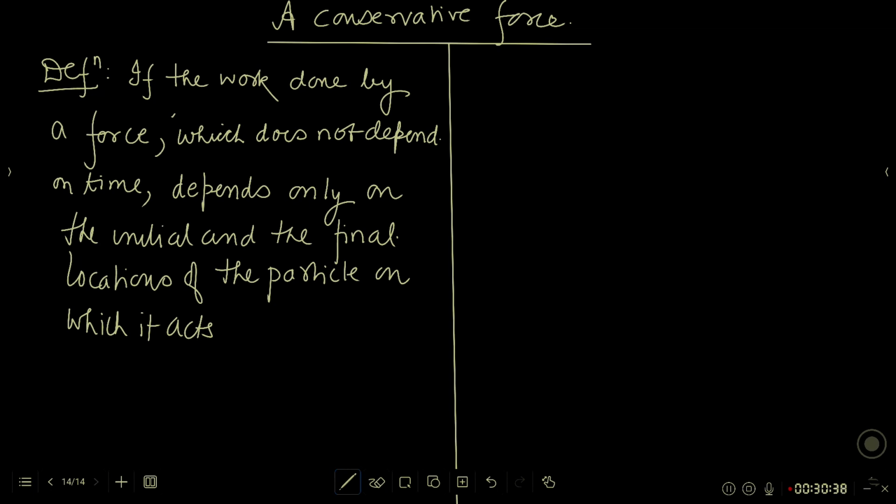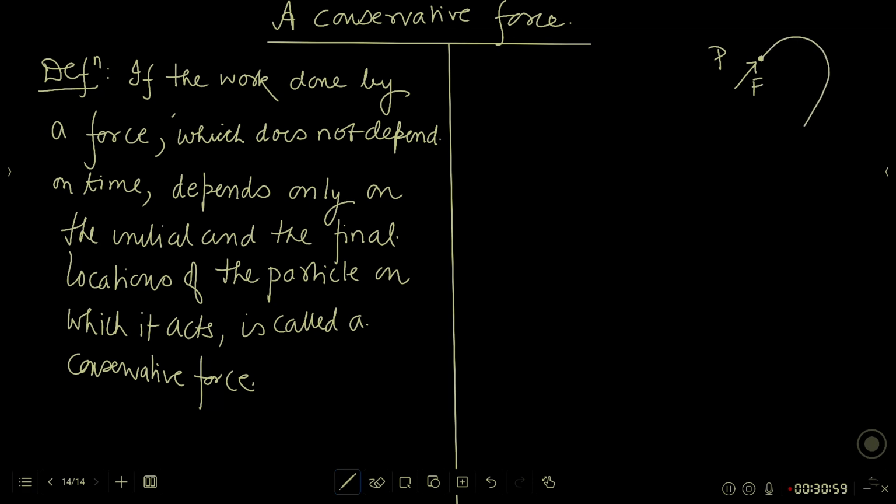So there is a particle P and a force F acting on it, and the particle moves along a path. At time t1 it is here, at time t2 the particle has reached here, and the force has continuously acted on it.